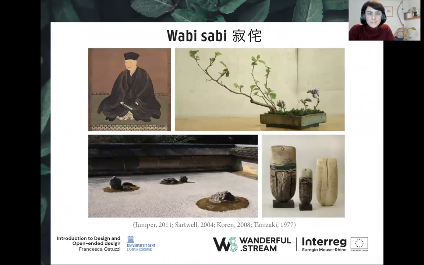This perspective is rather disruptive in the industrialized, Western world we live in, but it's very typical of other countries. For example, Japan has a very ancient aesthetic philosophy called wabi-sabi. Wabi-sabi is defined as the beauty of things that are imperfect and temporary. It is represented in many arts, for example ikebana, the flower composition.